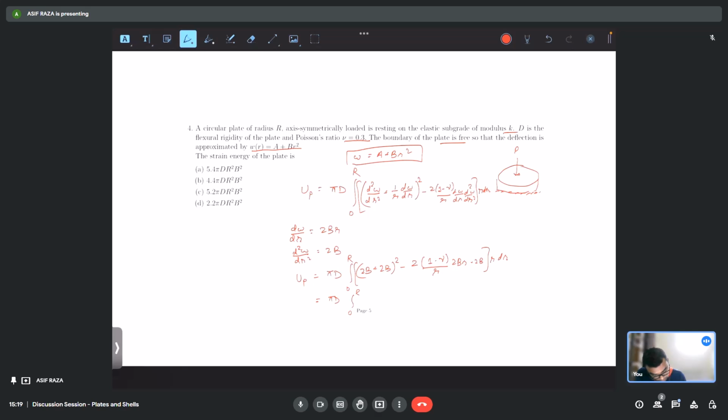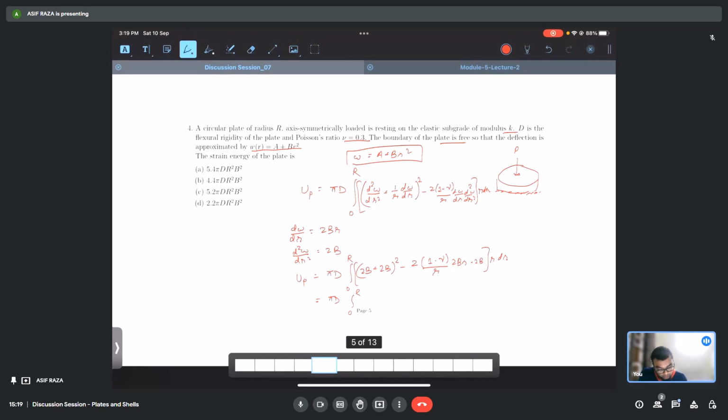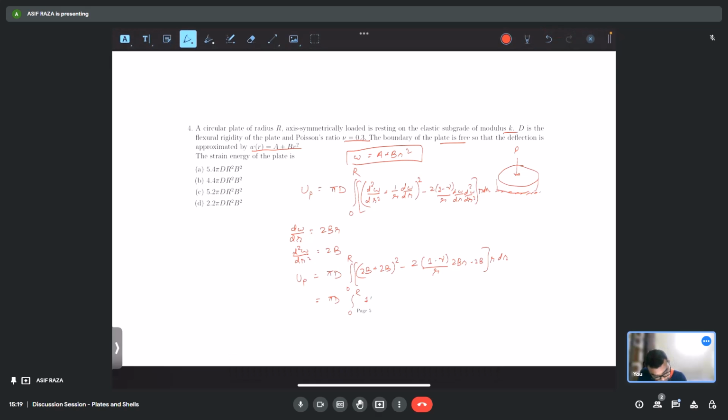Integral 0 to r of 4b, this would be 16b square minus 2 to the 4, 8b square 1 minus nu, r dr.